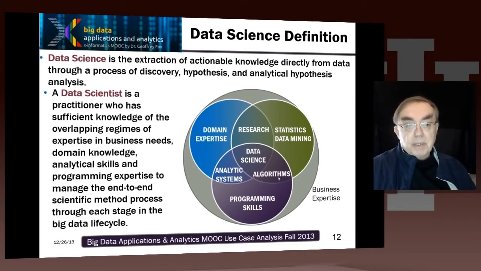Now, that's a pretty good person to have, but my bet is that you don't have so many of those. And most of the ones you have will actually have a specialization. Maybe they're super good at analytics or statistics or whizzes at programming, but they might still have significant knowledge of all the rest. So you can have somebody who's very good at one of these circles or regions, and pretty good at the rest. That's a data scientist.